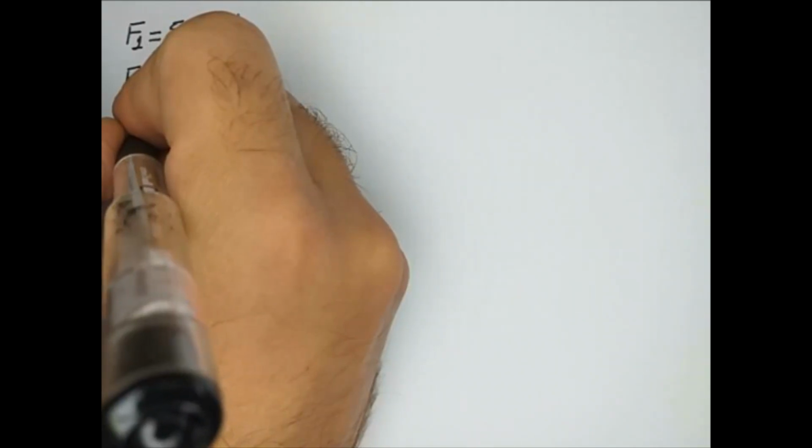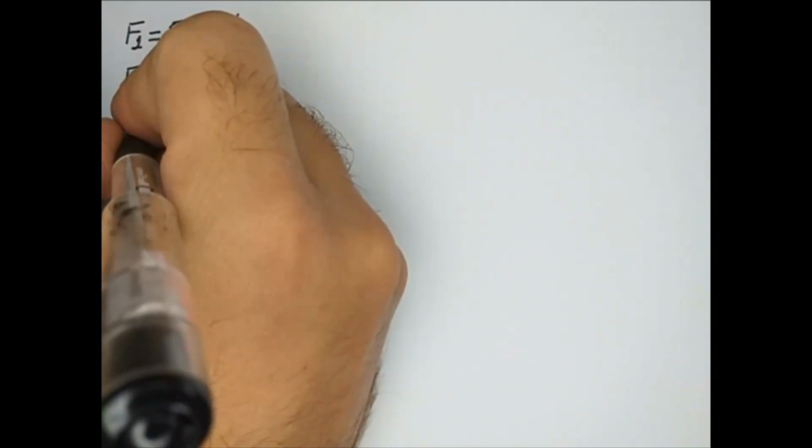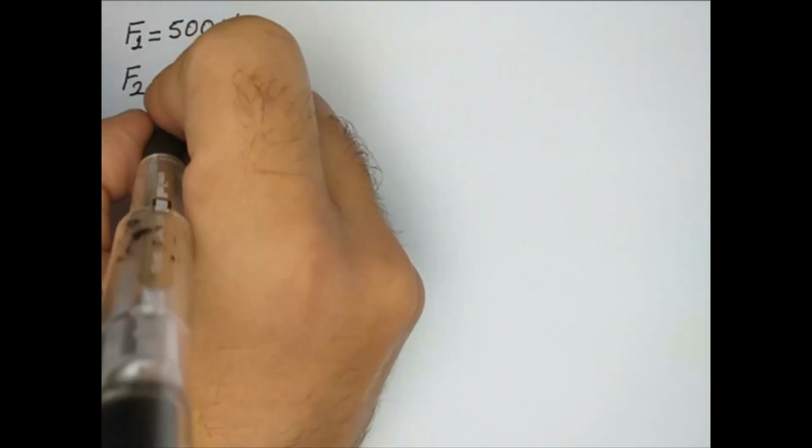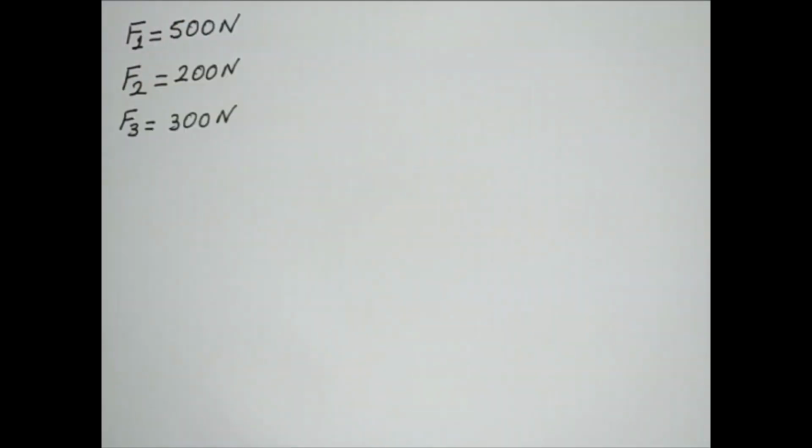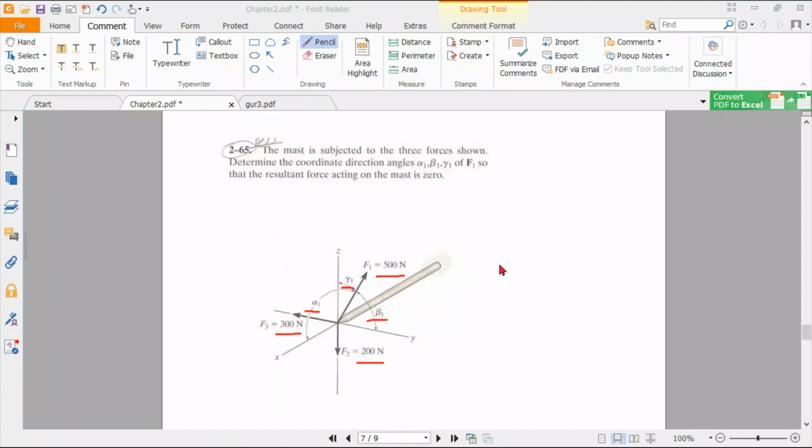Okay, now the next thing is to write each vector in Cartesian form. Let's begin with F1. Now if you look at F1, as you see, F1 has all positive components in the x, y, and z directions.